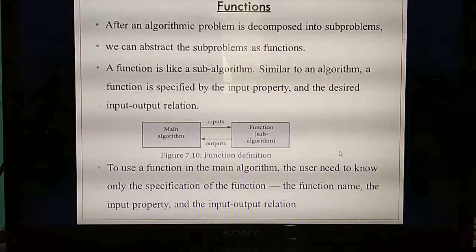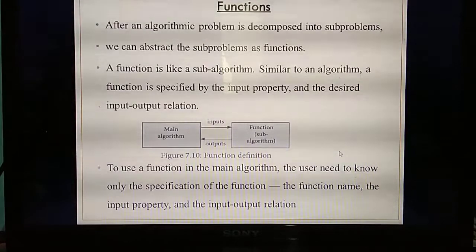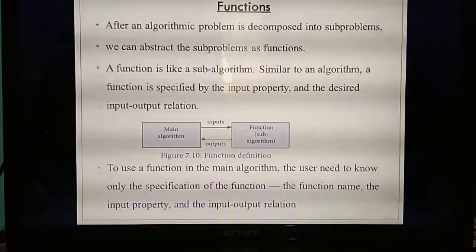So next thing you are going to study is functions. Okay, functions. Last, refinement you have studied: a problem is going to be split into smaller sub-problems. Those sub-problems we are calling functions. What do you mean by functions? The main problem is split into sub-problems.